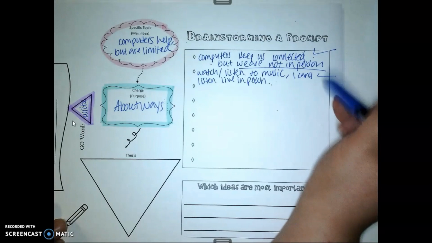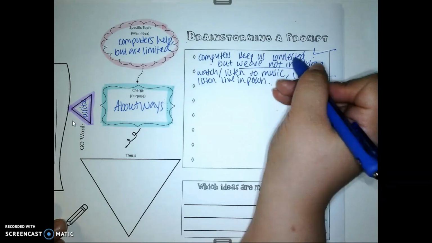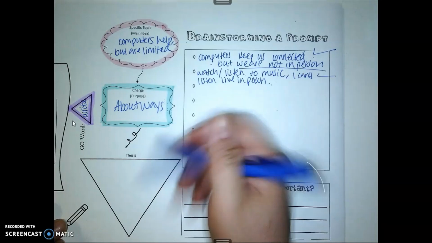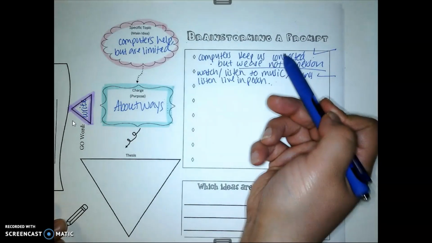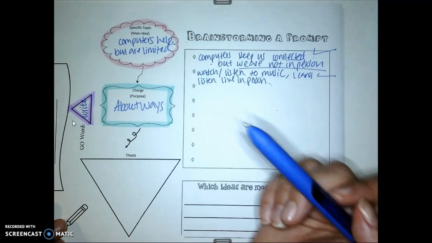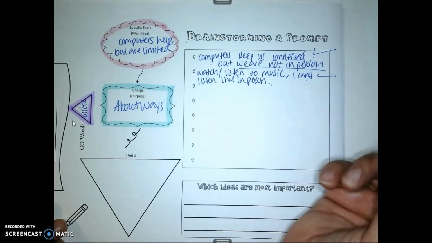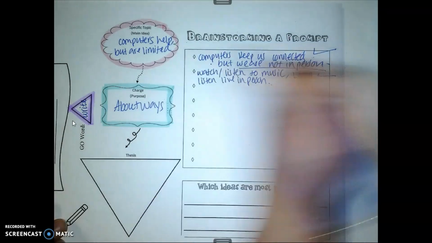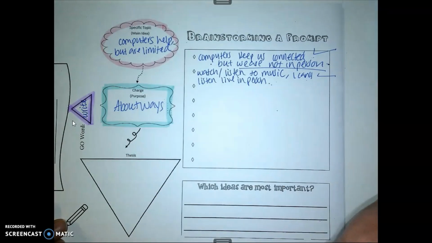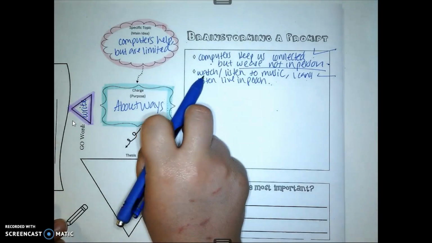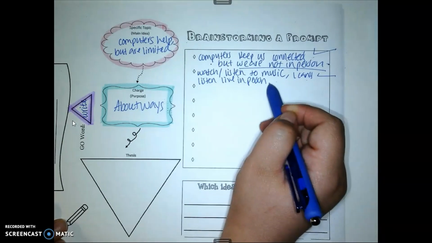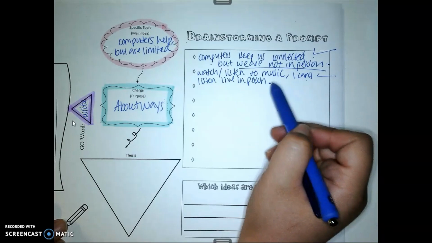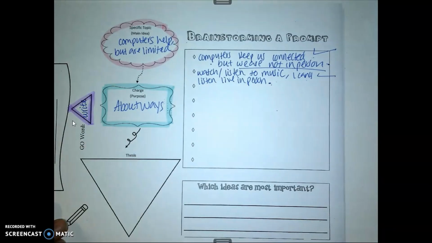So this is one strategy that you could use. You could say, computers allow us to do some things like stay connected or listen and watch music, but I can't be there in person. The only way I can experience hanging out with somebody is by being there in person. The only way I can experience fully watching the music or listening to it is by being there in person. So these are two ways that computers help us but are limited.